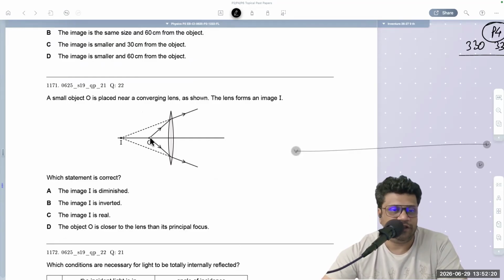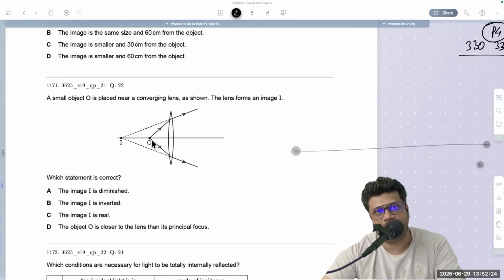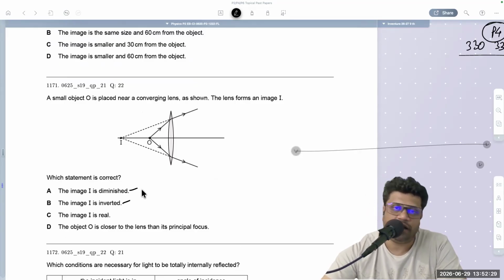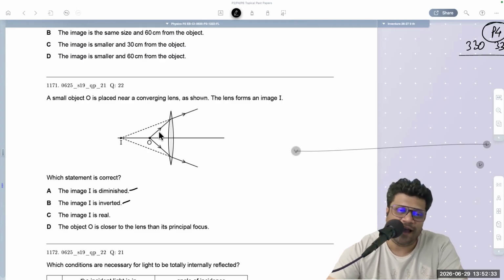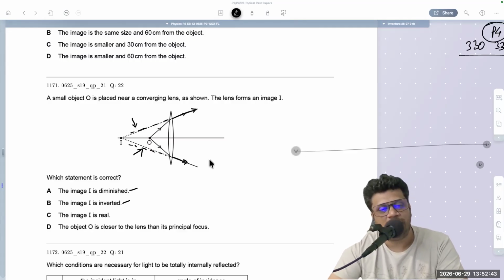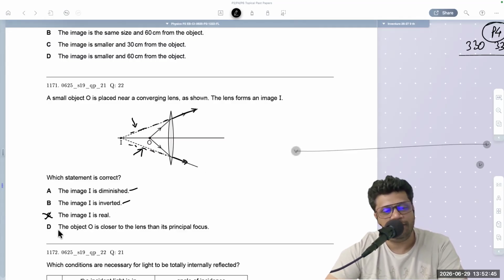These two are literally points here. You can't claim the thing to be diminished or inverted. It being real is a question. You see how the rays are diverging away from each other. Well, they're not going to meet on this side. So there are virtual extensions being drawn. Images created by these virtual extensions, it's not real at all.